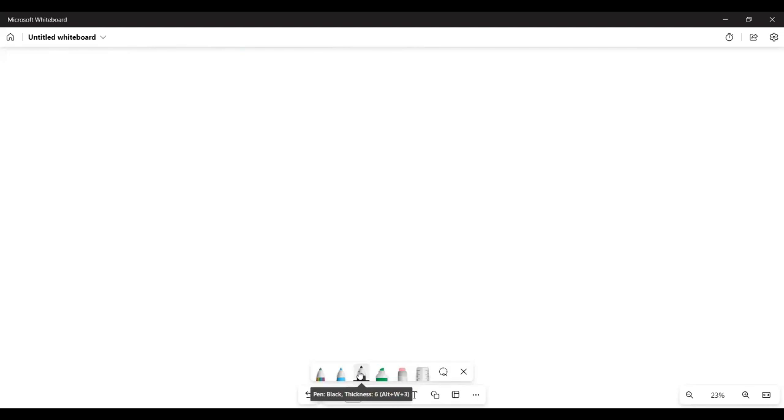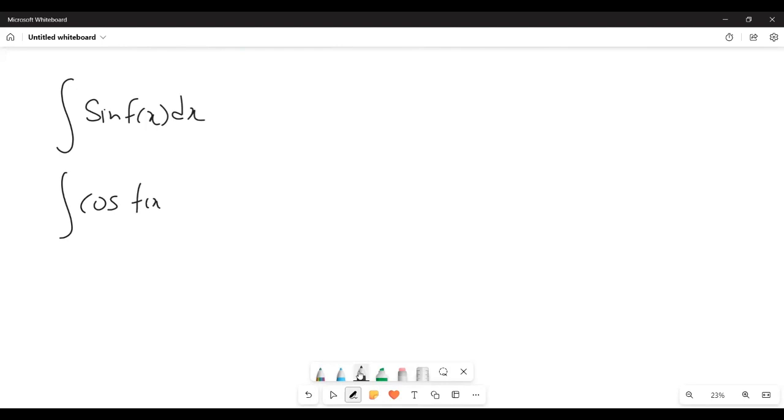So when we're integrating sin fx, cos fx and secant square fx, the result is as follows, where fx is linear in every case.